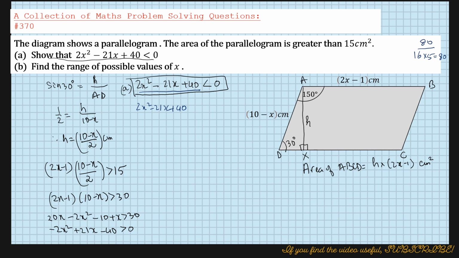So I can write 2x squared minus 16x minus 5x plus 40, and that would equal 2x, if I take outside the bracket, x minus 8, and then minus 5 times x minus 8. So 2x minus 5 times x minus 8.